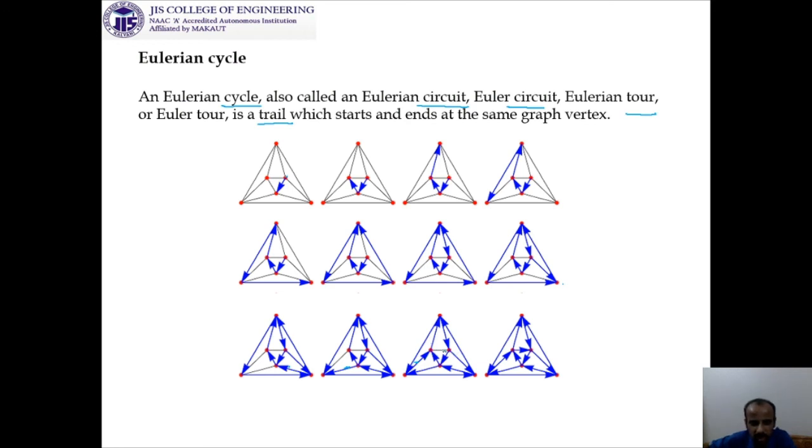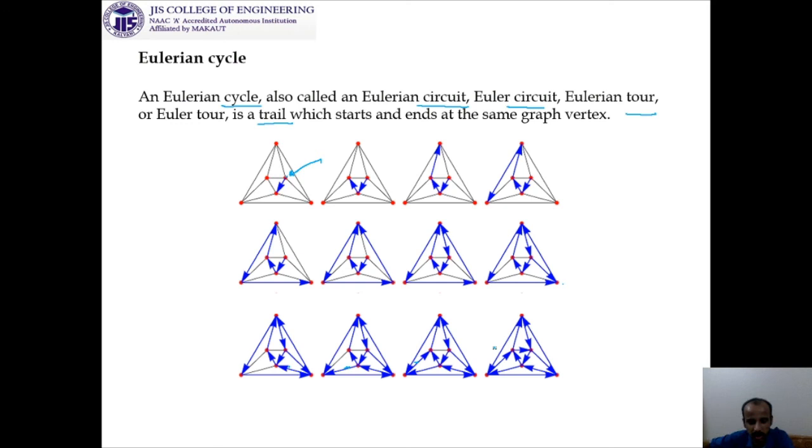So in this way we are starting from this particular vertex. You can check that in the first step only one edge is in blue color, in the second step two different edges are in blue color, in the third step three different edges are in blue color, then fourth, fifth, sixth, seventh, eighth, ninth, 10th, 11th, 12th step.